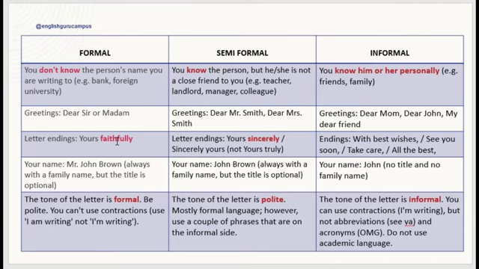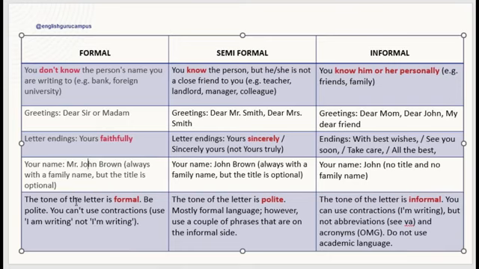There are many synonyms we can use, but I always recommend writing yours faithfully. Then your name, Mr. John Brown, always with a family name, but the title is optional.